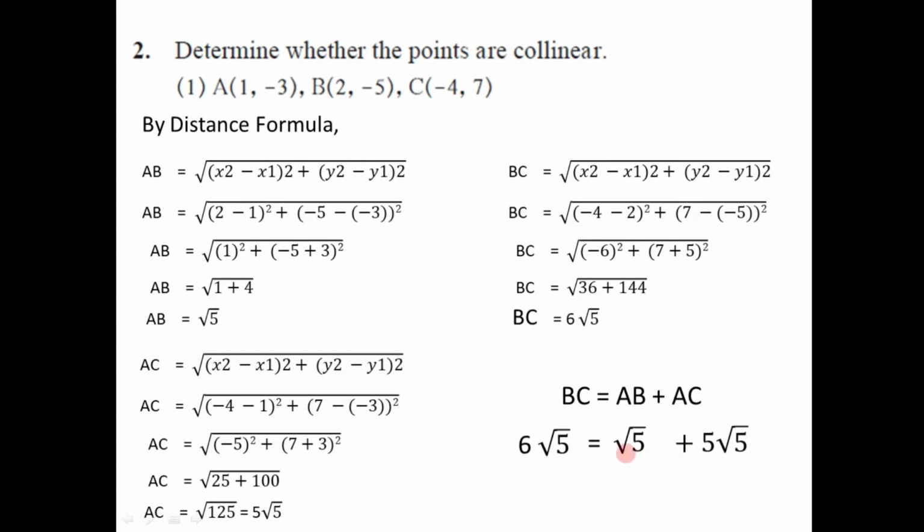So if we add root 5 plus 5 root 5, we get 6 root 5. That means the length of these two smaller segments, that is AB plus AC, is equal to BC. So from this we can conclude that all these 3 points, that is A, B and C, are collinear. So this is how we can decide whether the 3 given points are collinear or not by using the distance formula. Now let us have the next question.